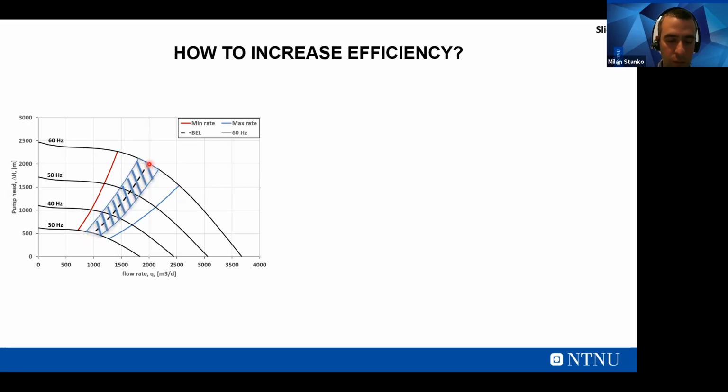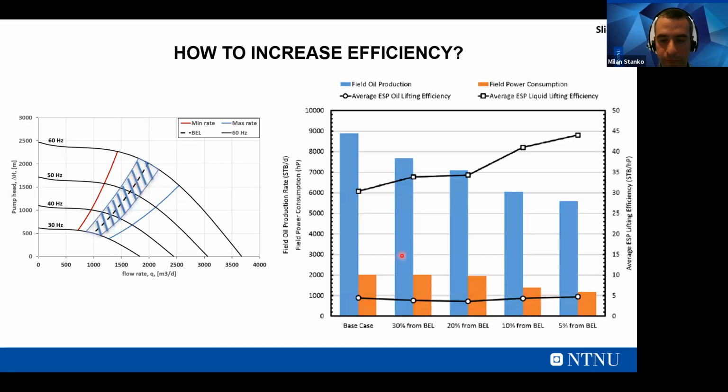Close to it, you get minimum power usage. So what happens if we try to reduce that area? What you see here is us reducing the margin from 30%, 20%, 10%. And yes, the power is reduced, but also the oil rate is reduced. So you're losing production by doing that.